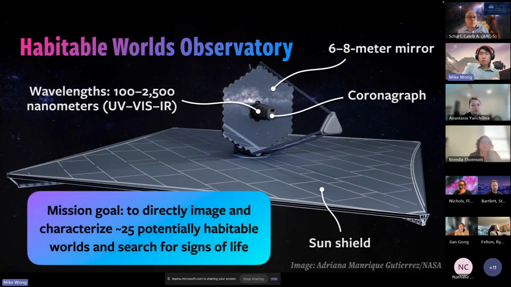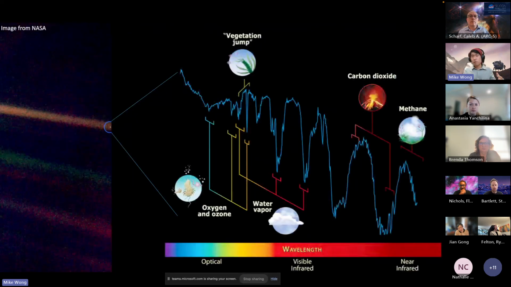So the Habitable Worlds Observatory's mission goal is to directly image and characterize roughly 25 potentially habitable worlds and search for signs of life on all of them. And the reason why we need to have such a wide wavelength coverage is so that we can get a full census of the molecules that might be in an Earth-like planet's atmosphere. And so oxygen and ozone absorb in the UV and the visible, and water vapor, carbon dioxide, and methane absorb in the infrared.